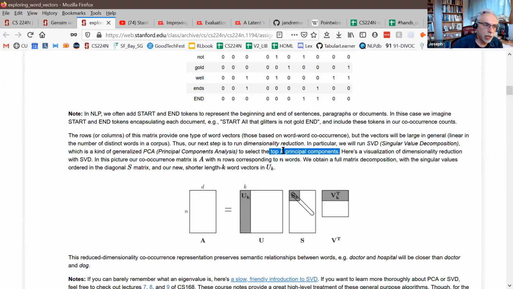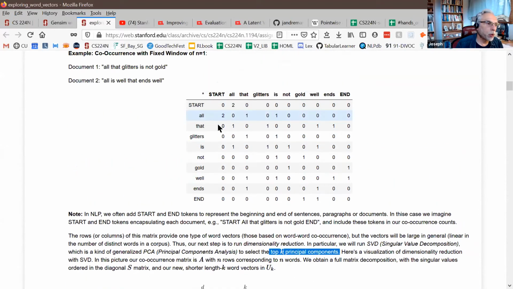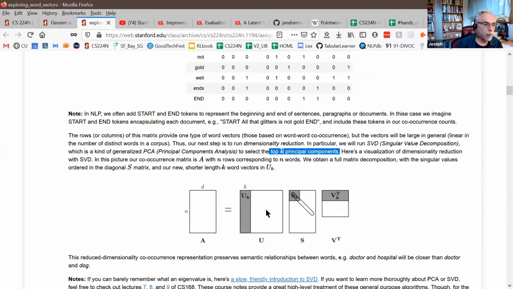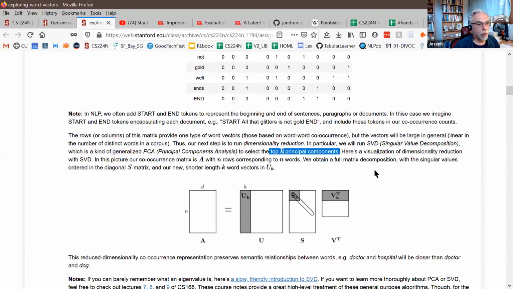In this case, k is going to be the same as d, the dimensionality of our embeddings. So the idea is to factorize this matrix into pieces, and one of these pieces, I think it turns out to be the U. Actually, you get the U and the V. You get 2 different representations of the word vectors.